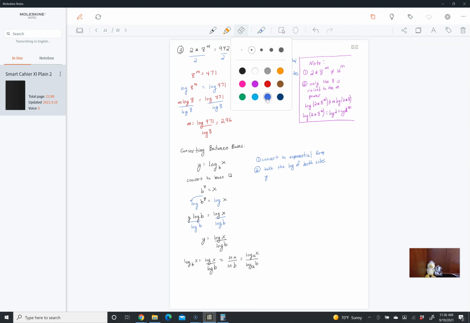You can also take log base a of both sides or ln of both sides to convert to other bases.